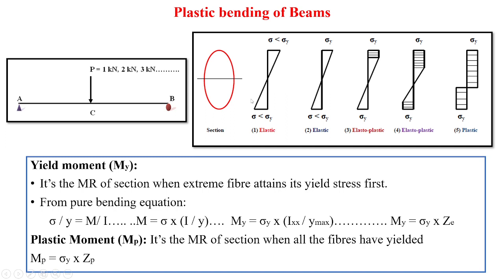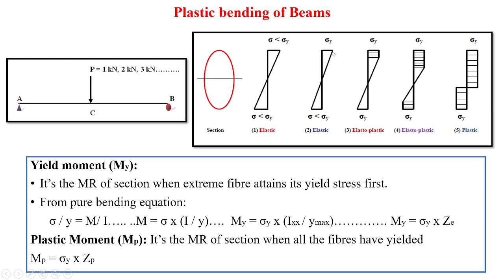Whereas the first figure is nothing but the section of the beam. Now when the bending stresses are within the elastic range, the bending stress distribution will be as shown in figure 1, that is elastic. As the moment is increased, the yield stress will appear in the topmost fiber as shown in figure 2.